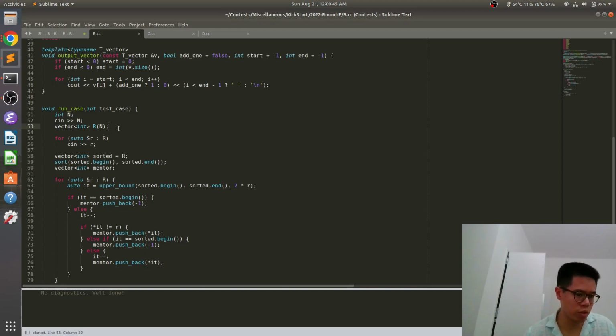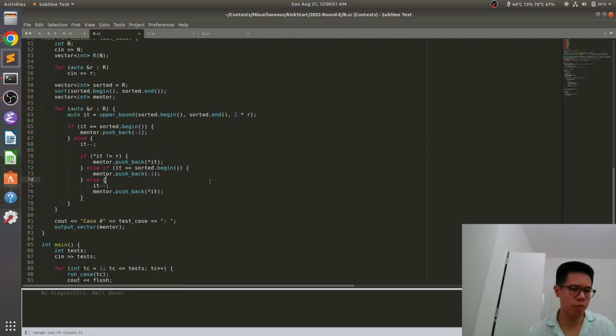It's a little tricky because you need to avoid yourself. So first we're going to read the input. We're going to take the sorted version. I think we can simplify this a bit, but anyway, I search for upper bound on 2 times r. That finds the first position greater than 2 times r, and then we kind of want to back up a little bit.